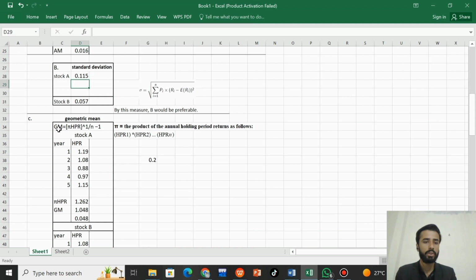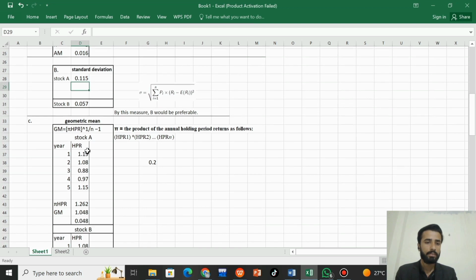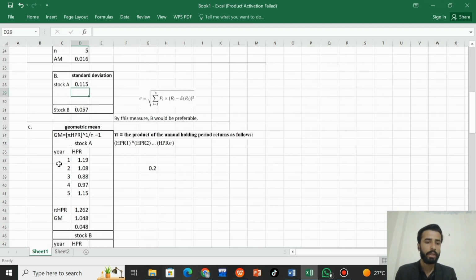For calculating the geometric mean return, we have a formula. In this formula, this sign indicates the product of annual holding period returns as follows. We multiply all of the holding period returns with each other. Then we raise it to the power of 1 upon n. This is the formula. Then we minus 1. To get the holding period return, what have we done?